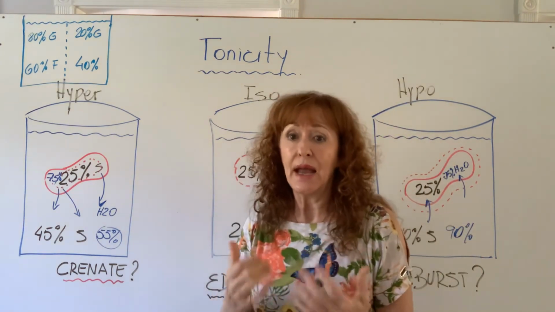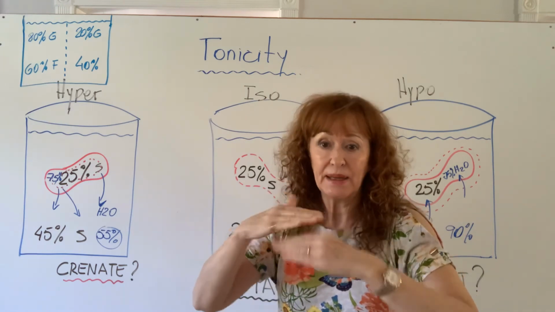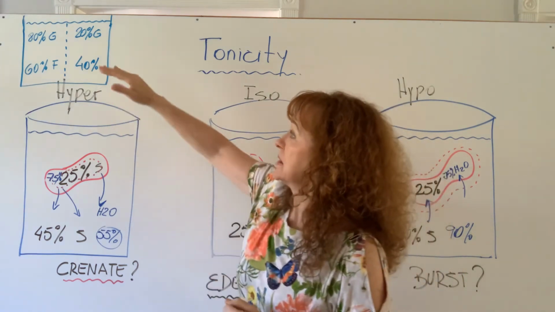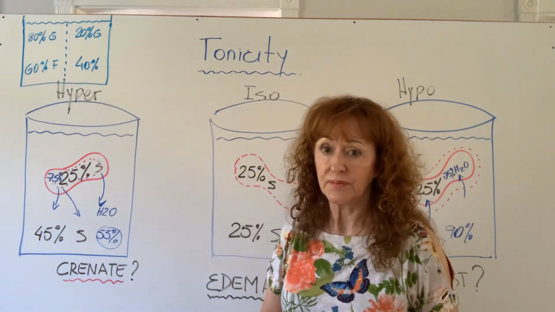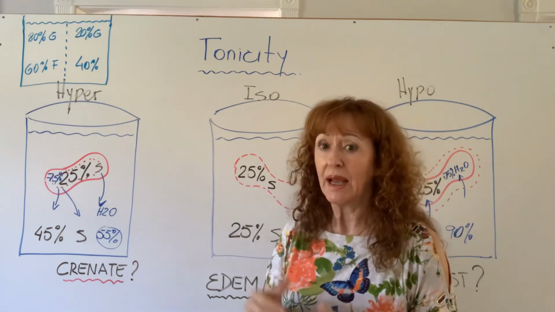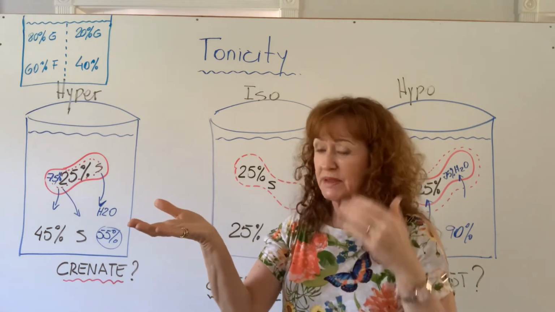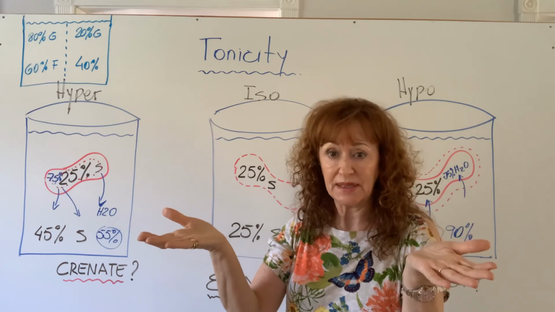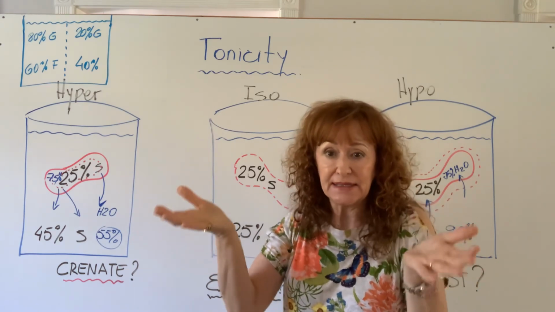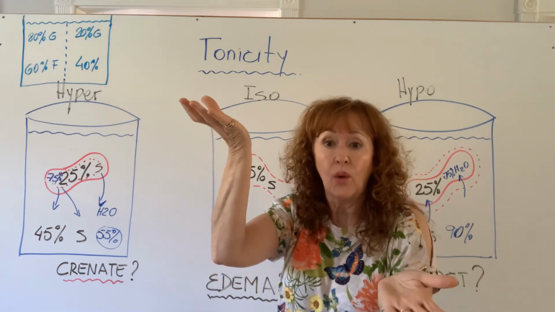Now, let's keep them separate from each other. One is glucose, the other one is fructose. For glucose, we have 80% on one side and 20% on the other. The difference is way higher.